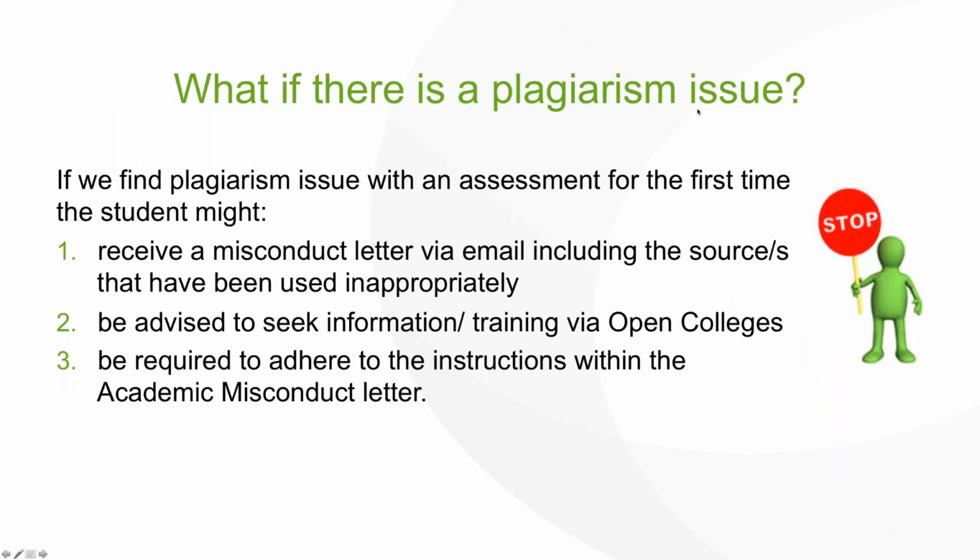If there is a plagiarism issue, then depending on whether it's your first time or you're a repeat offender, you might receive a misconduct letter, which includes the sources that have been used inappropriately. You would be advised to seek information or further training from open colleges about avoiding plagiarism and how to reference correctly. And you'd also be required to adhere to the instructions within the academic misconduct letter.